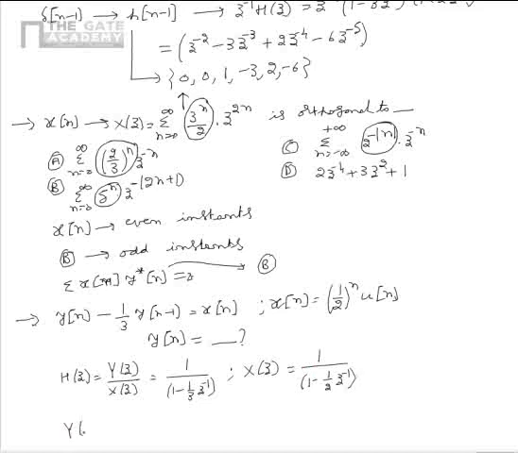From this, we see that the output of the LTI system is Y of z is equal to H of z multiplied by X of z, which can be written as minus 2 divided by 1 minus 1 by 3 z inverse plus 3 divided by 1 minus 1 by 2 z inverse.